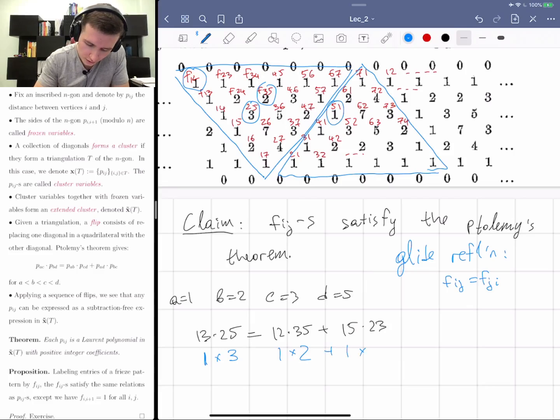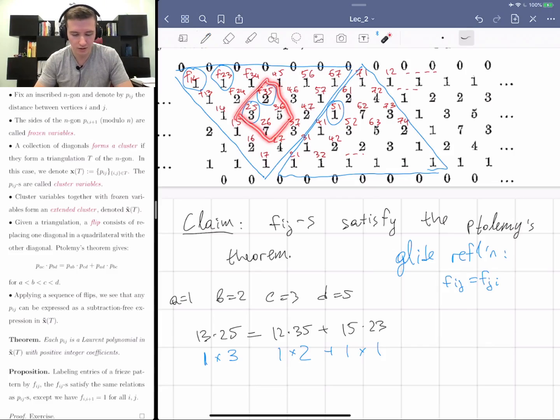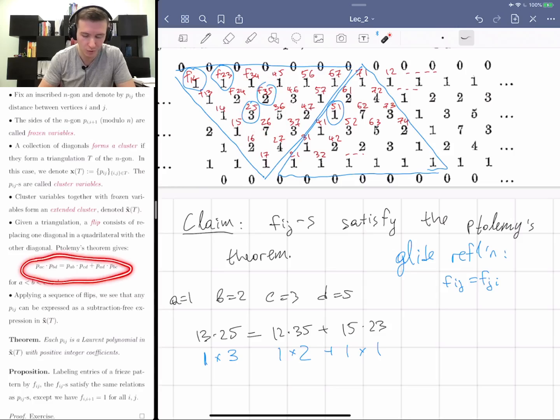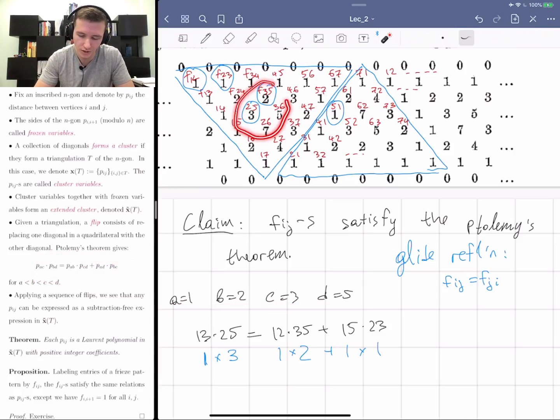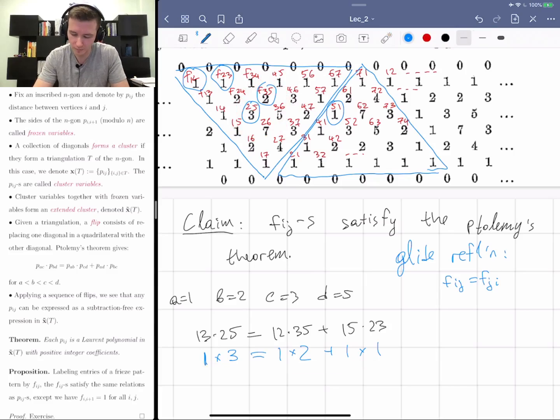And F23 is equal to 1. So it is easy to check that the diamond relations are just special cases of this relation. But what's non-trivial is that even if you don't take the indices to correspond to the diamond, then still somehow you get this Ptolemy theorem.